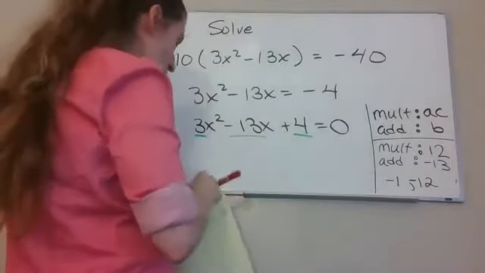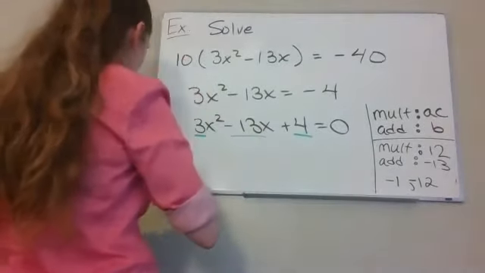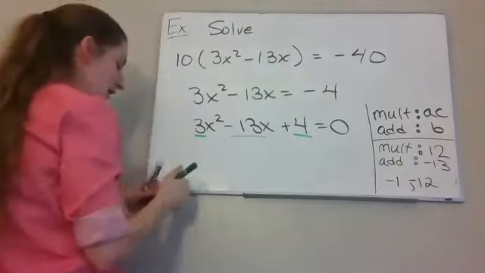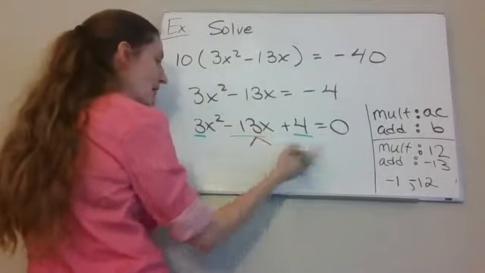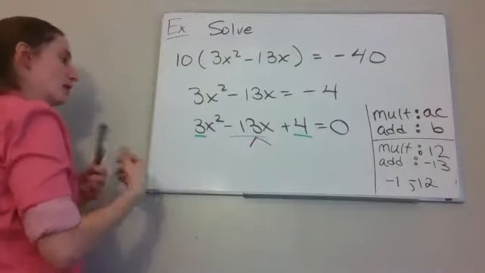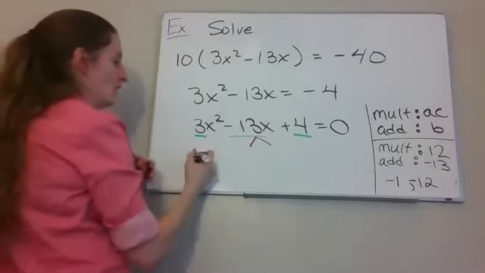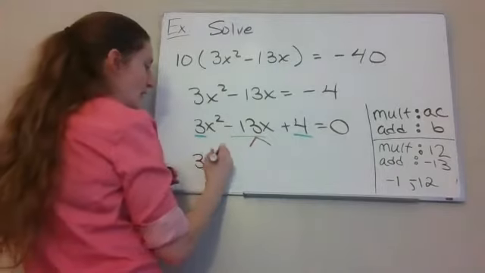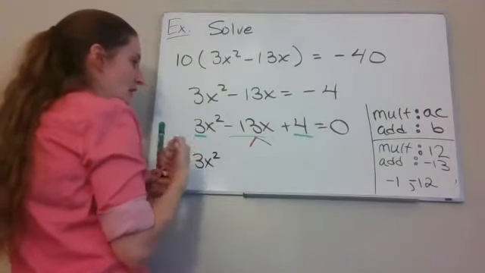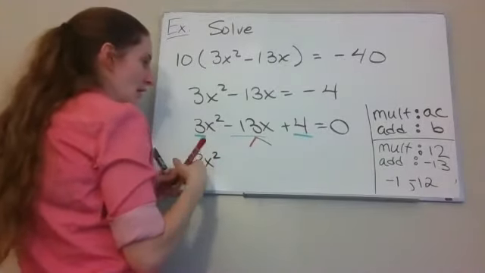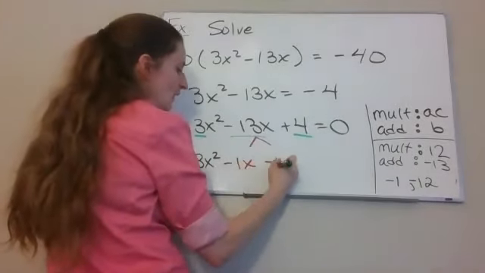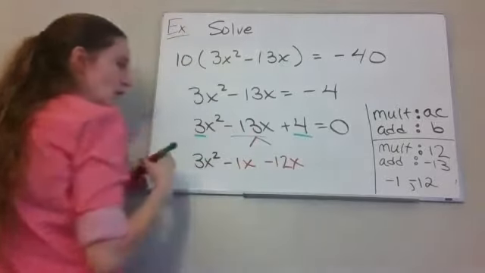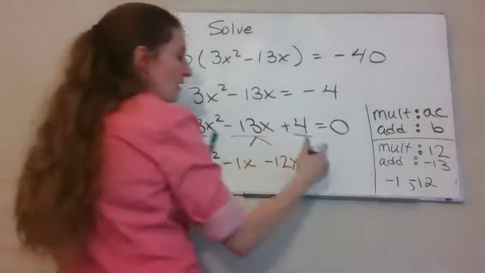Once you have those numbers, the way you factor this using this method, you take your middle number here and split it up using the two numbers we just found. So I'm going to rewrite this as 3x squared, and I'm going to do a minus 1x and minus 12x. Those are the two numbers I found, and a plus 4.